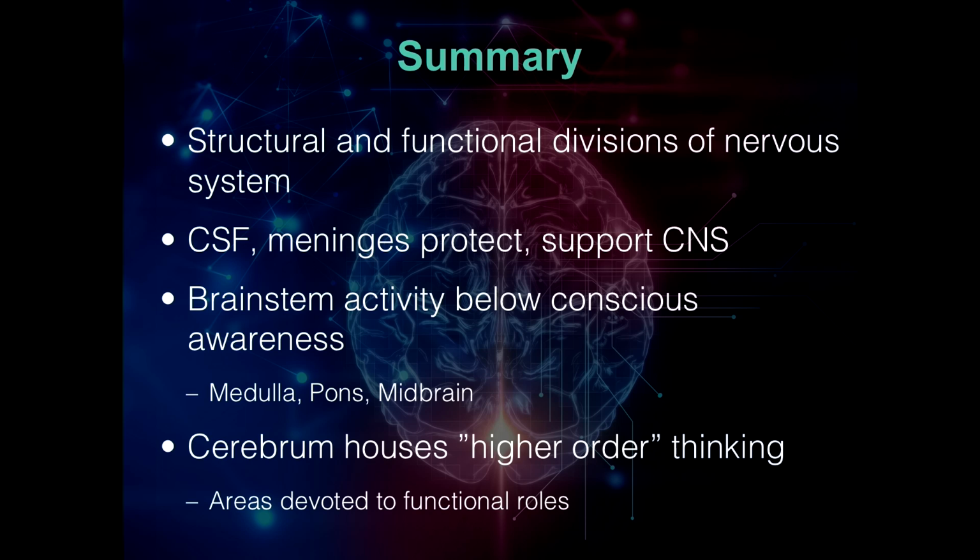Lastly, the cerebrum, with all of its defining features, gyri, sulci, fissures, has areas devoted to certain tasks: learning languages, controlling somatic actions, interpreting sensory information. And that sounds simple, but I assure you it is far more complex than we could ever imagine.